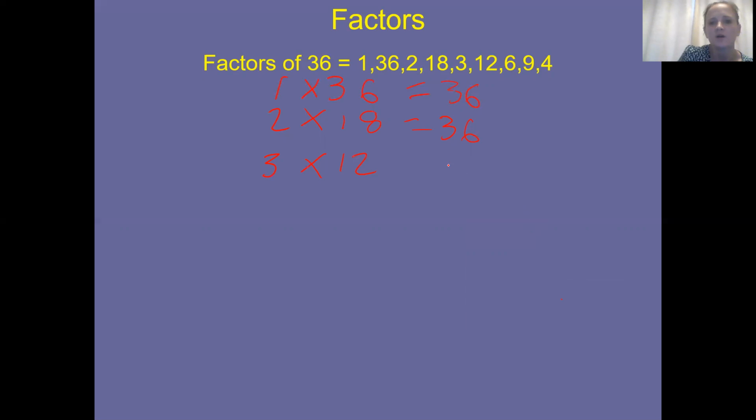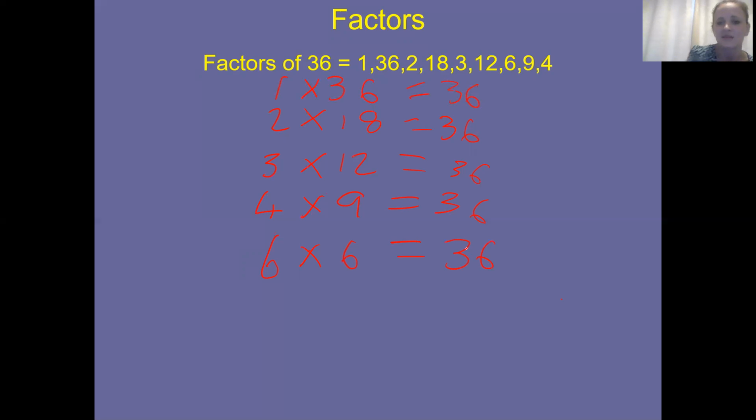Three times 12 is equal to 36. And then we have 4 times 9 will give me 36. And the last one we can see is there's a factor of 6 because 6 times 6 would give me 36.